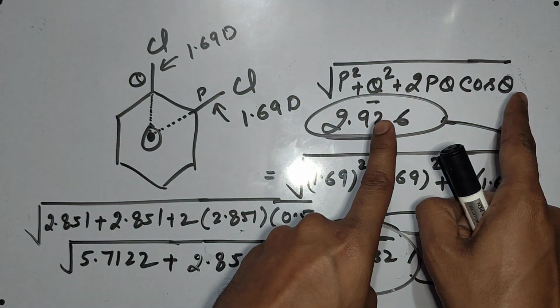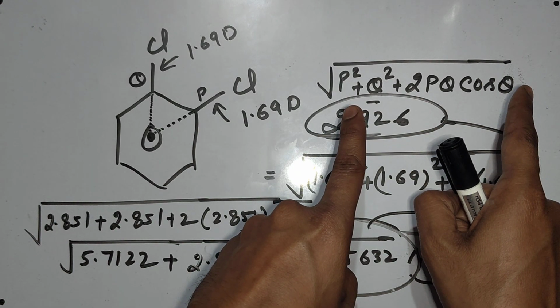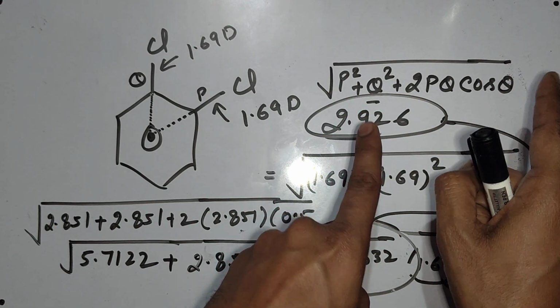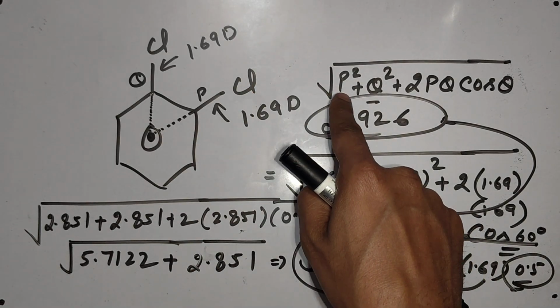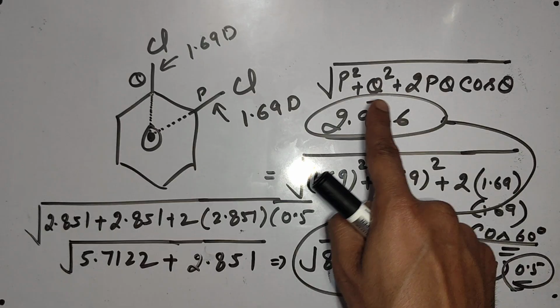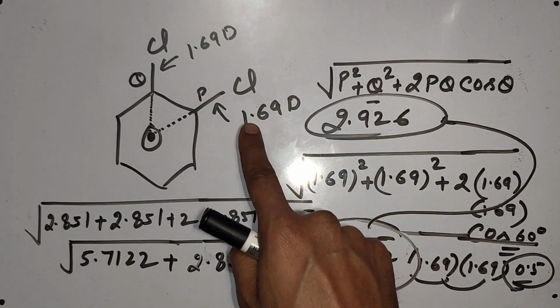In this condition, you can apply the parallelogram law for vector addition. This is the formula to add vectors according to the parallelogram law. Suppose this is the first dipole moment, which I am calling P, Q, and 2PQ cos theta. So just put in the values we know.